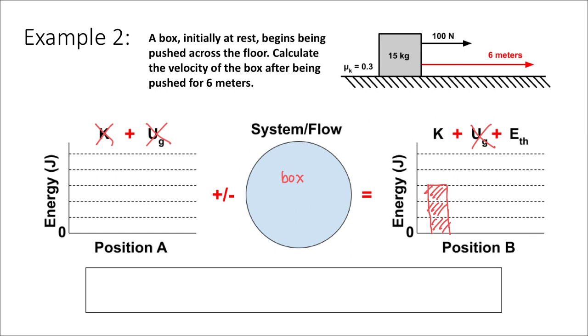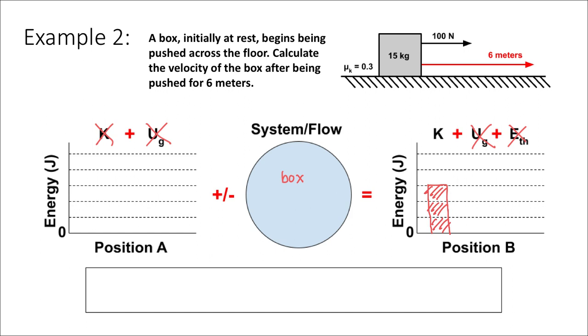And we're going to say there is no thermal energy either because we are not including the floor in our system. If we were to include the floor in our system, we could consider thermal energy instead of work, but I'll take a look at that in a moment. For now, we don't have any objects in our system that actually have thermal energy, so we're just going to think about the box for right now.